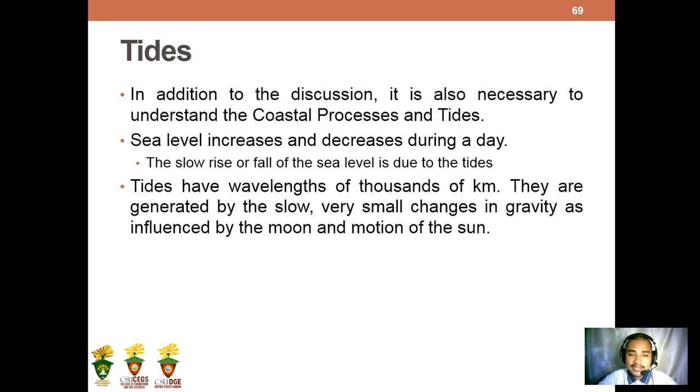The slow rise or fall of the ocean is due to the tides. The sea level goes up and the sea level goes down. Tides have wavelengths of thousands of kilometers. They are generated by very small, slow changes in gravity as influenced by the moon and the motion of the oceans.